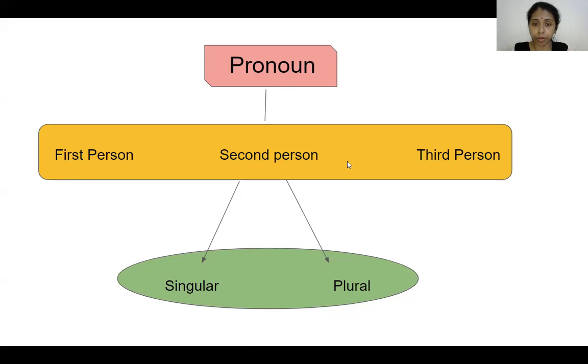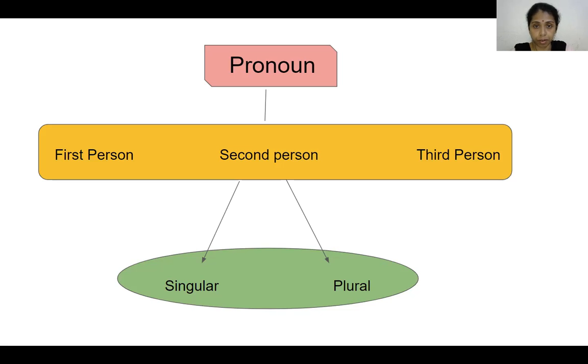What is this first person, second person, and third person? First person means the person who is speaking something. That person is mentioned as first person.